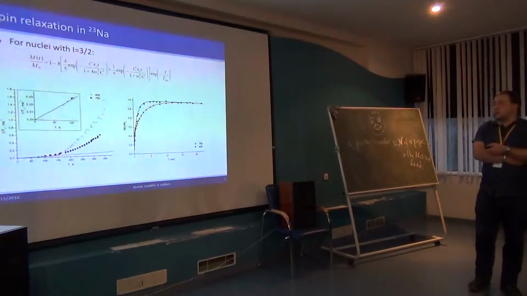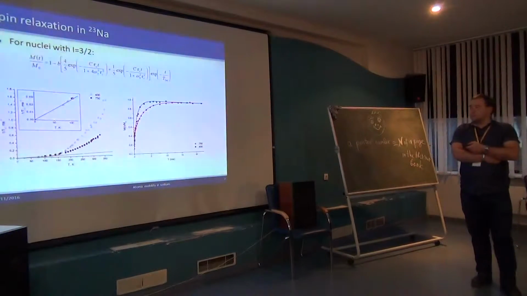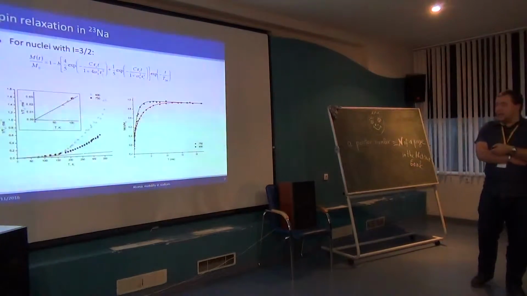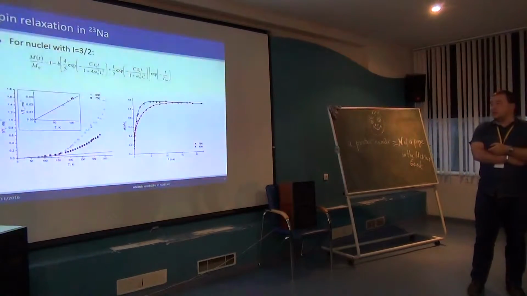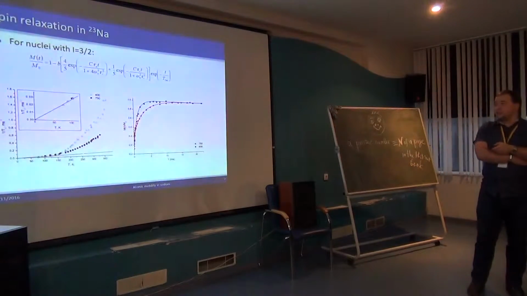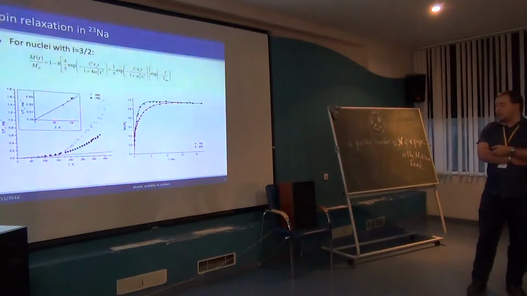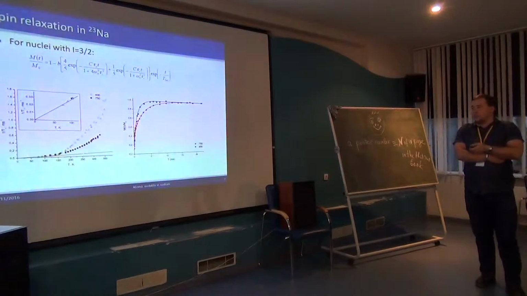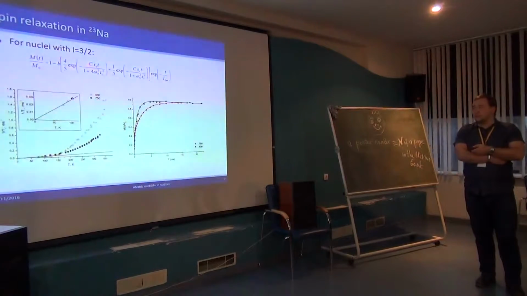In such a way, we could predict the value of this contribution at any temperature. And finally, we have obtained the values of correlation time for every temperature. And on this plot, you could see fitting curves, which were obtained using calculated values of quadrupole constant and correlation times.